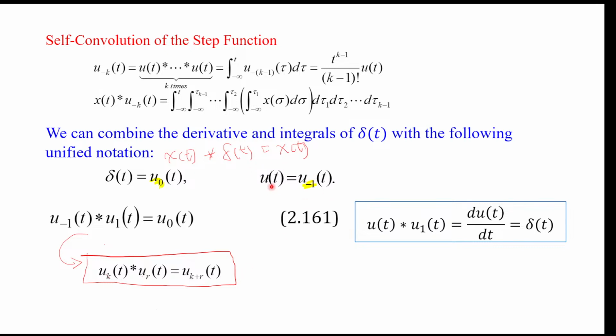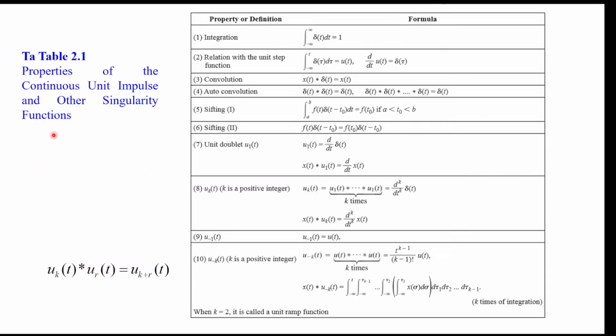And yeah, so this finishes our introduction on all the derivatives and integrations of the delta function. You see that they have this very nice property that when you convolve them together, the subscripts just add together.